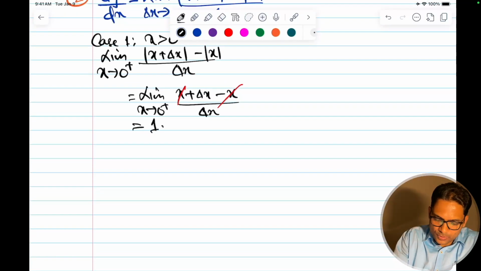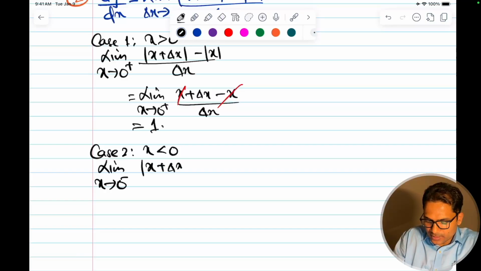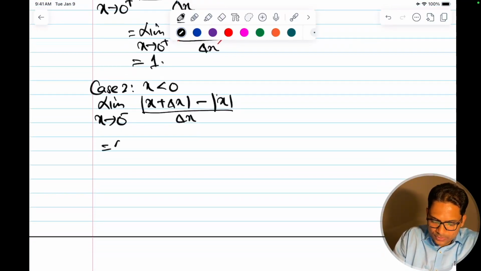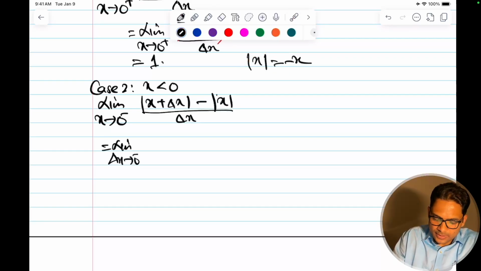And now if I want to do case 2, that is x is less than 0, then my limit delta x tends to 0 from negative side, mod of x plus delta x minus mod of x by delta x. So as you know, mod of x from the negative side is minus x. If x is less than 0, then this will become minus x minus delta x, and this is minus of minus x.